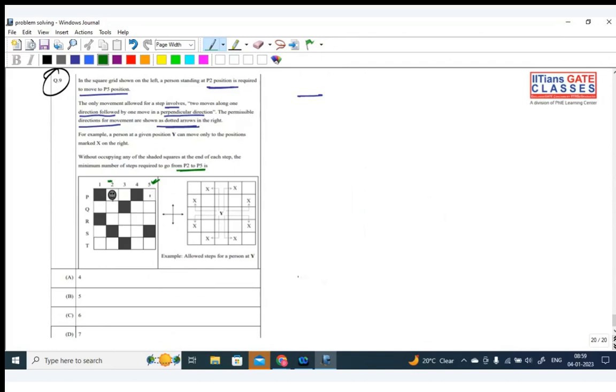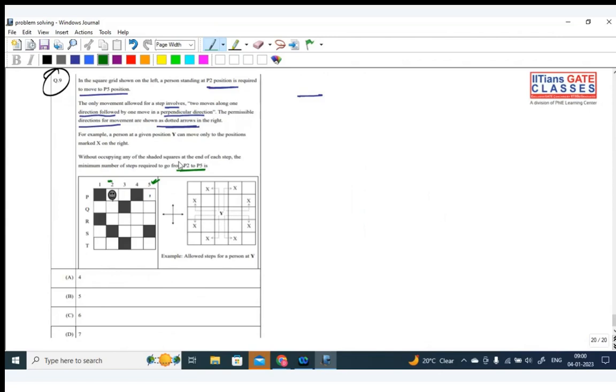The only movement allowed for a step is two moves along one direction, suppose towards the x direction or y direction, and one move in the perpendicular. The permissible directions are shown. So without occupying any shaded squares means you can move over the shaded ones also, but don't stop there.